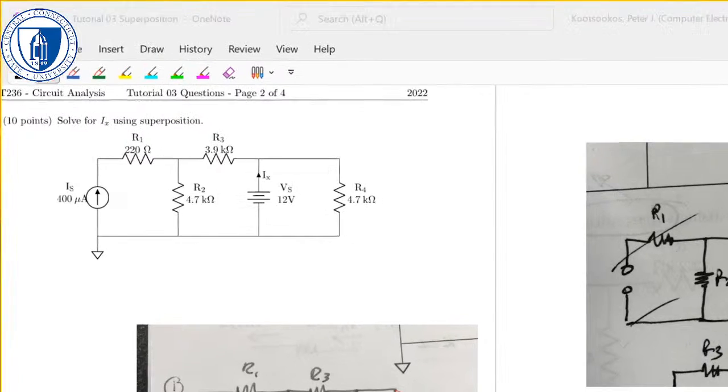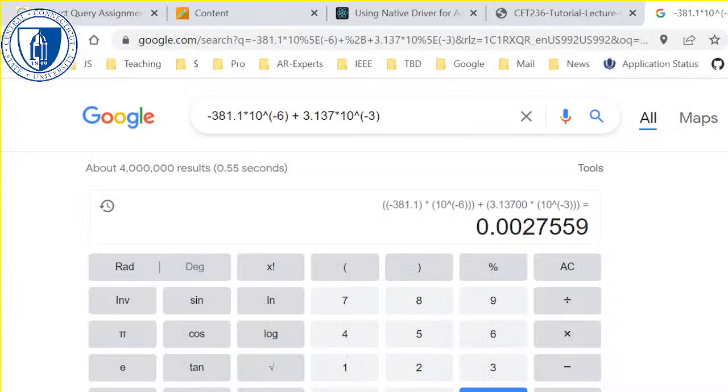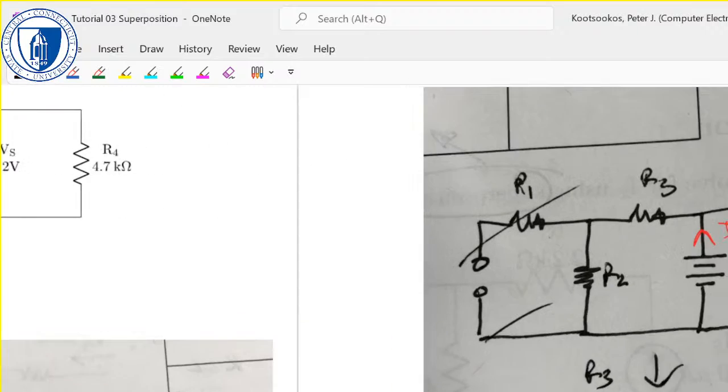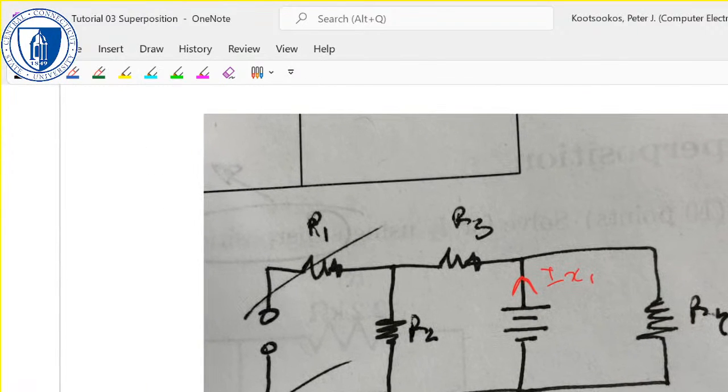So let's focus on this one first. How did we solve this one? Rihanna, how did we solve it? Exactly.